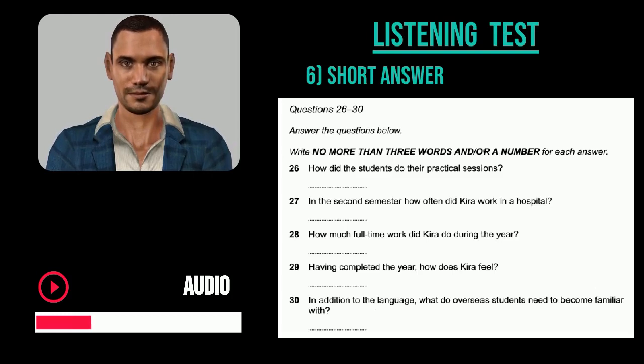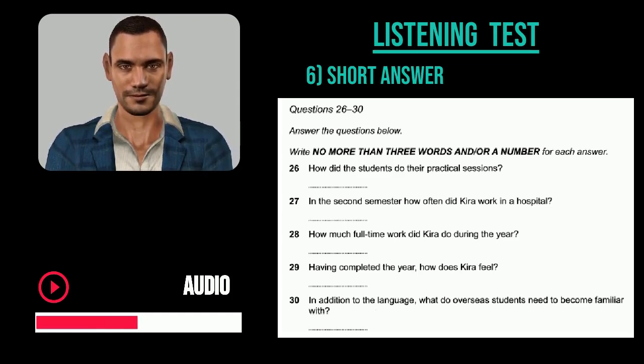Then in second semester, we had to get experience in hospital dispensaries. So every second day we went to one of the big hospitals and worked there. And on top of all that, we had our assignments, which took me a lot of time. Oh, I nearly forgot. Between first and second semesters, we had to work full-time for 2 weeks in a hospital.